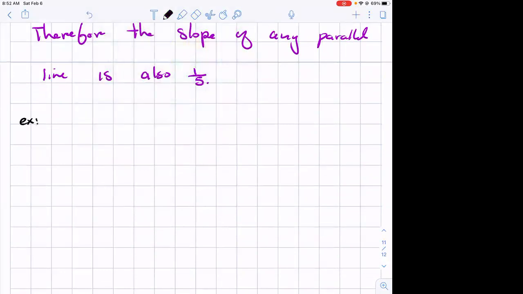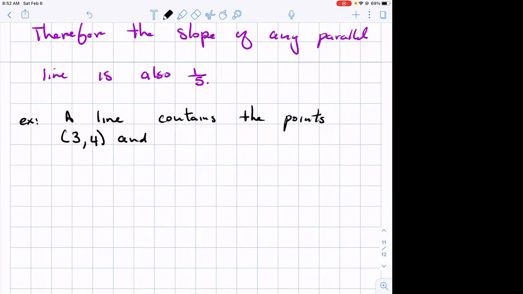Example: how about if we change that? Find the slope of a perpendicular line now. So let's say a line contains the points (3, 4) and (-3, 1).